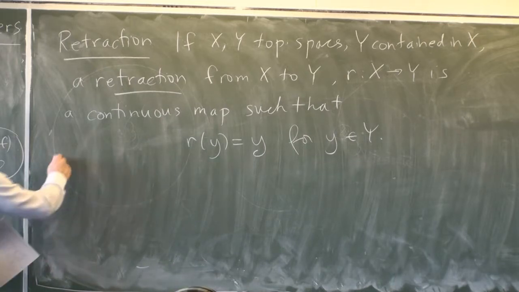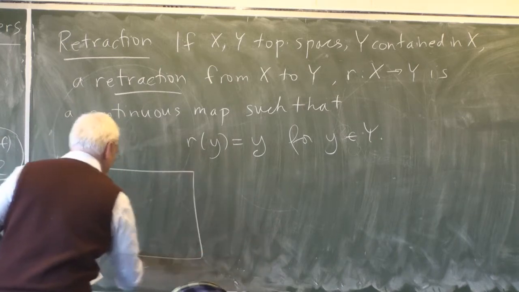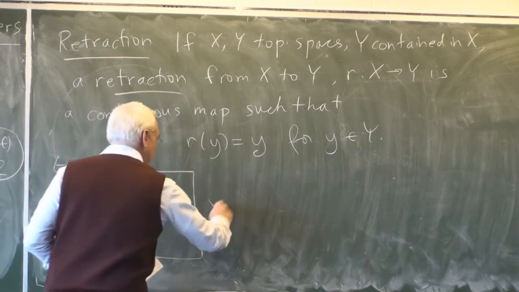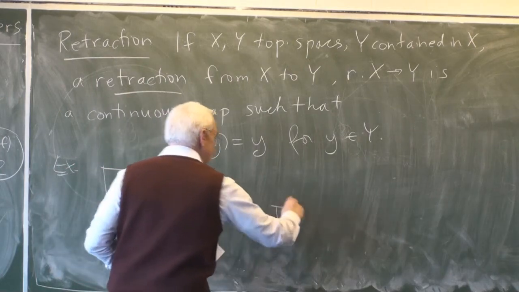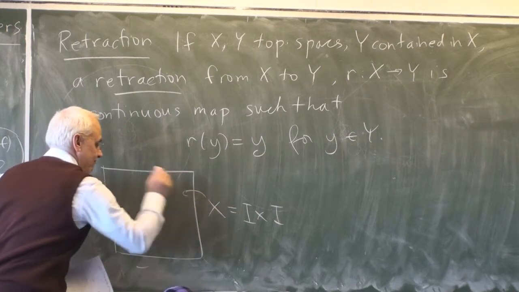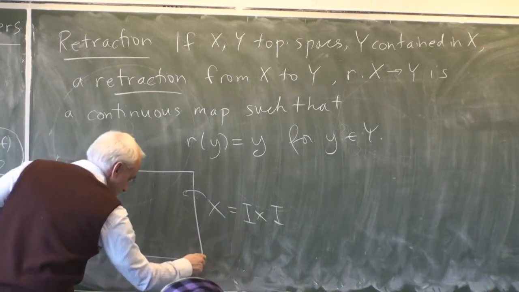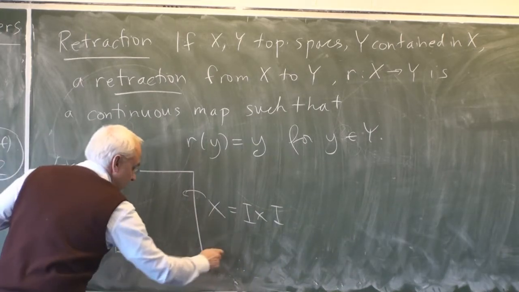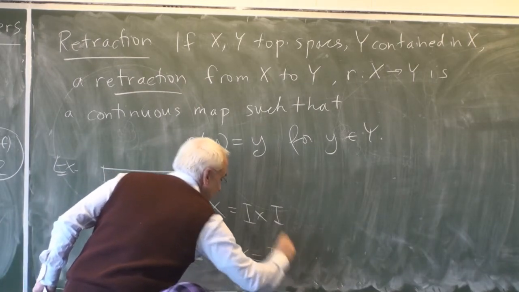So for example, suppose our space X is a square, which we might say is I cross I. That's X. And Y is, say, the bottom edge. That's Y, which is just an interval.